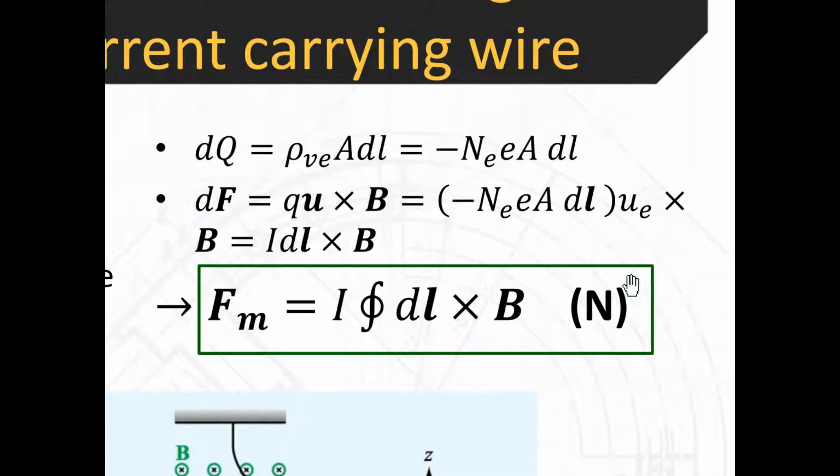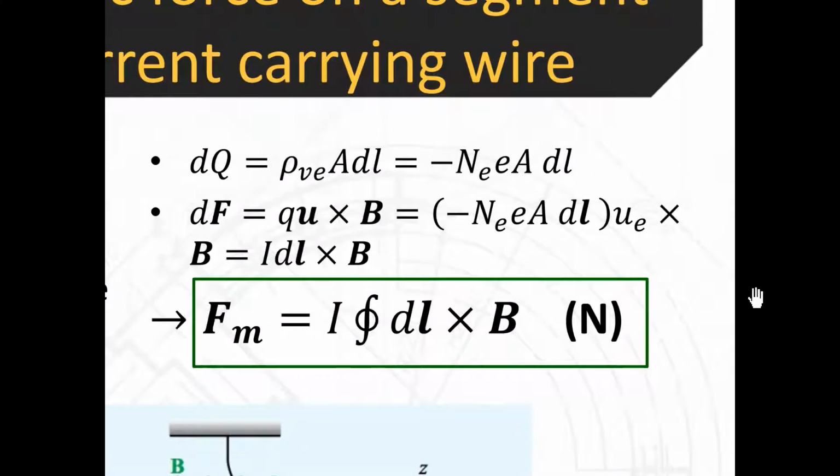So basically this times this. So this whole section here becomes I, right? n e times e times A times u_e is equal to the current. All right, and the dl just comes down here. So it's I times dl cross B.